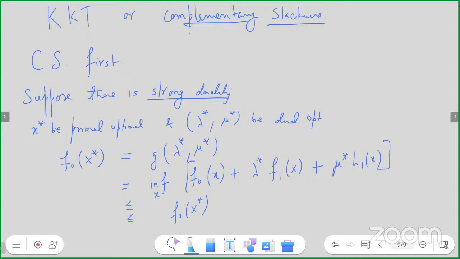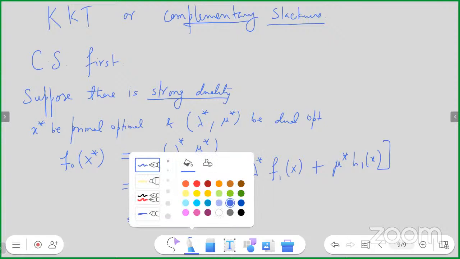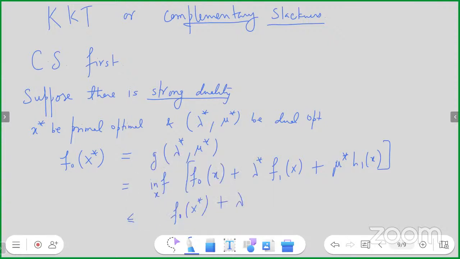If this is true for all x, right? So this is less than or equal to. Because the infimum is always going to be smaller than any one particular value. Okay. And now using the property that this is greater than or equal to 0, this is less than or equal to 0, this guy is anyway 0, this is less than or equal to f0 of x star.